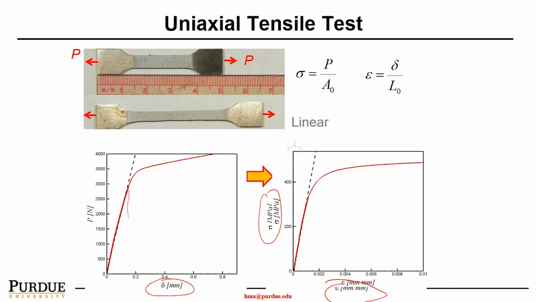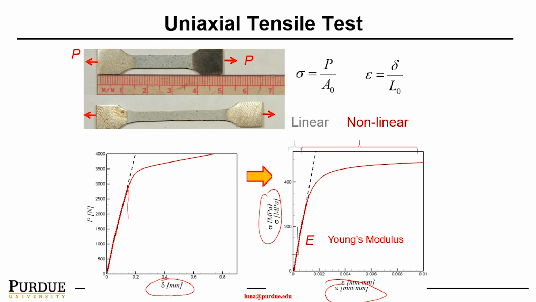So we have a very small linear behavior area, where a very large stress induces a very small strain. And the rest of this area will be nonlinear.